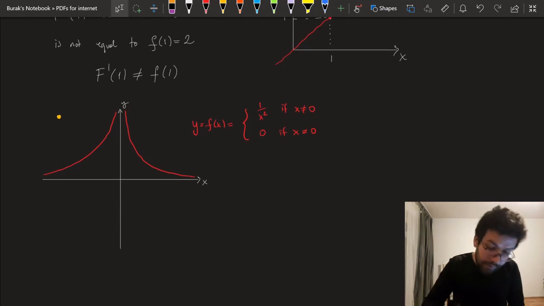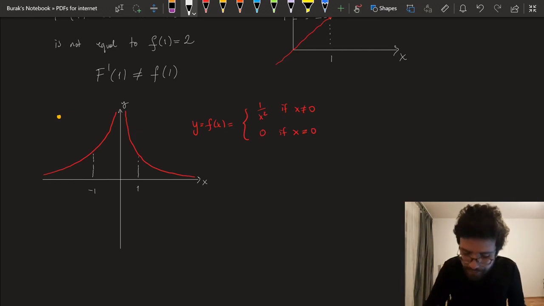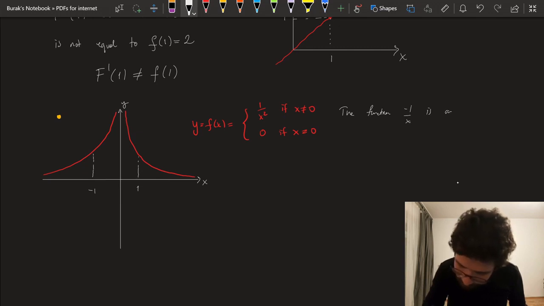Now, if you try to compute the integral, minus 1 over x is an antiderivative of 1 over x squared on the intervals 0 to infinity and minus infinity to 0.